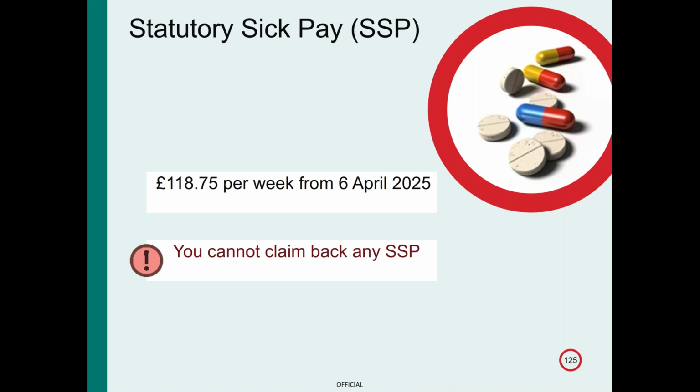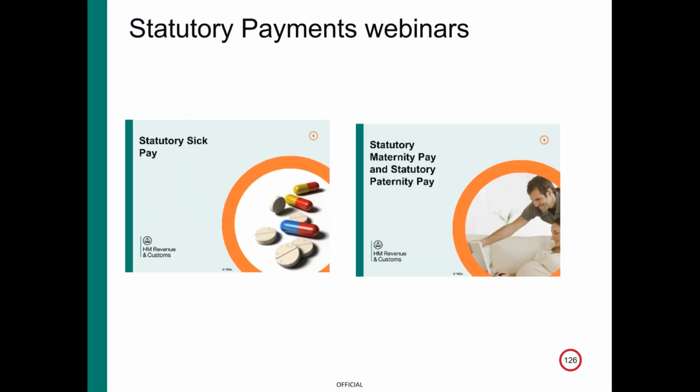Recovery only applies to statutory payments for parents. If you want to know more about statutory sick pay or statutory maternity pay and statutory paternity pay, we have these two webinars. Updated versions of these will be available live and recorded after the 6th of April 2025.